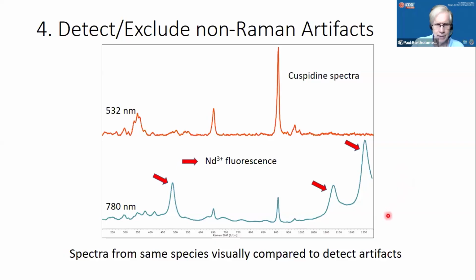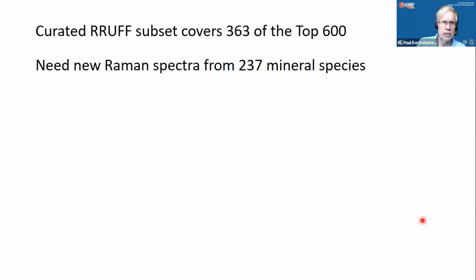Detecting this, I just had to visually compare spectra from the same species to look for these kinds of artifacts. And yes, some familiarity of where fluorescence pops up was required, but that was a lengthy process.